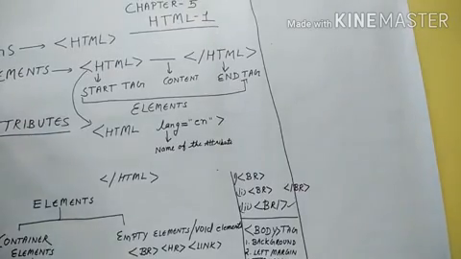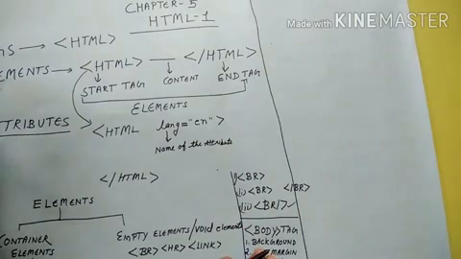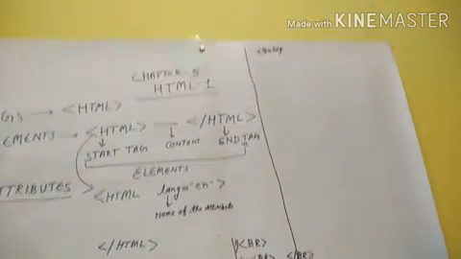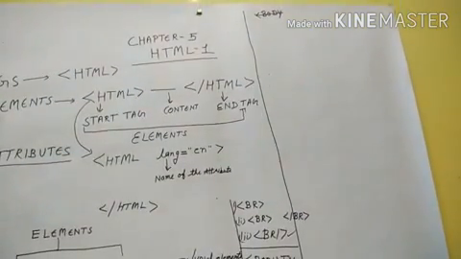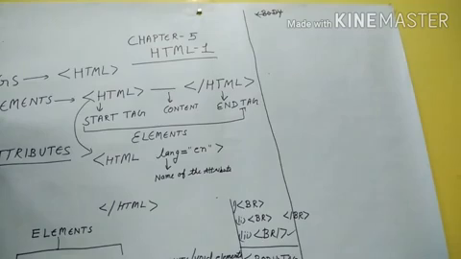Clear? So I'm not going to write the whole web page at once. I'll start with only the background attribute. Suppose the image I want as the background of the page is available in E Drive, My Documents, My Pictures, and the name of the image is Sunset. The extension is JPG.